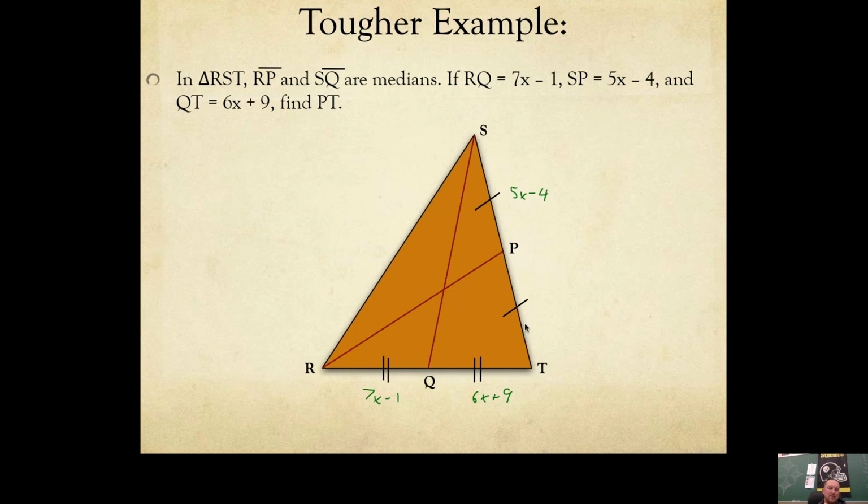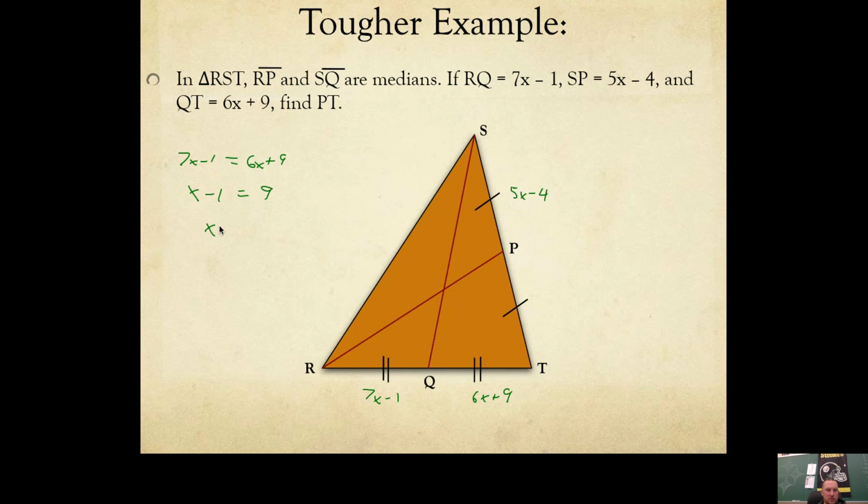Well, you're not going to find this unless you know what x is. You know R to Q and Q to T are the same. So we can write an equation. That distance and that distance must be the same. So we're going to solve for x. We'll subtract 6x from both sides.